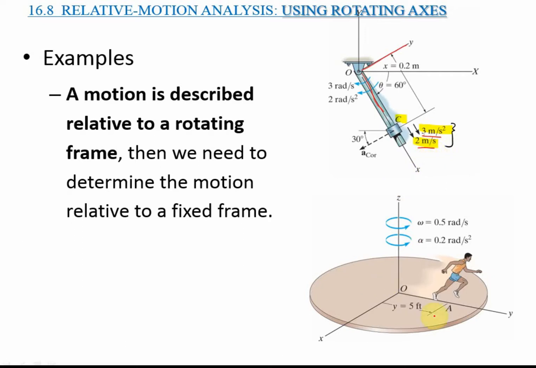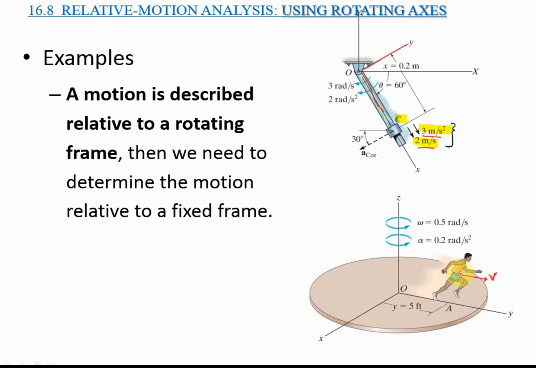And how about the bottom example? A person is running outward on this big disc, and this disc is rotating at a certain angular velocity and angular acceleration. Everything is rotating, so the absolute velocity may not be linear.